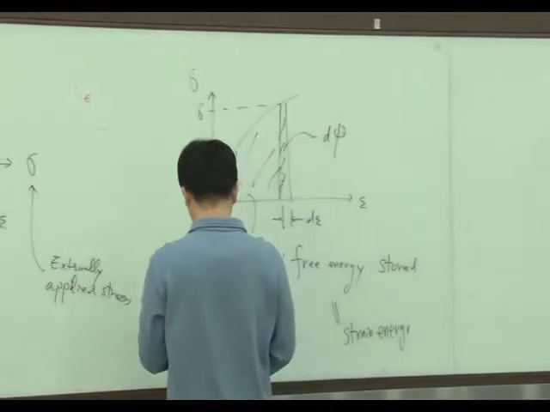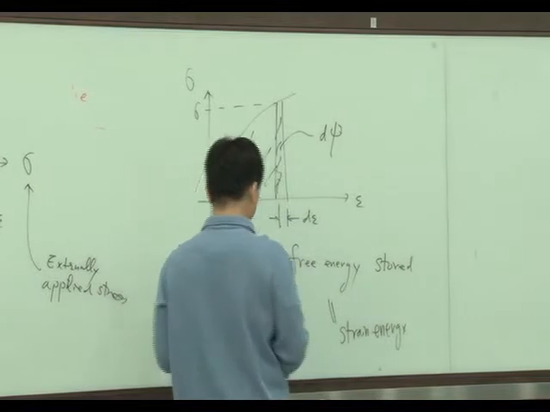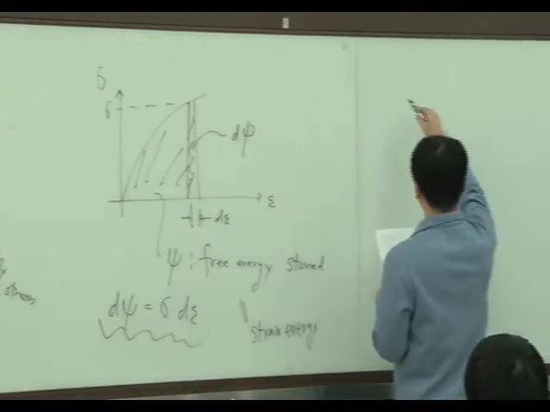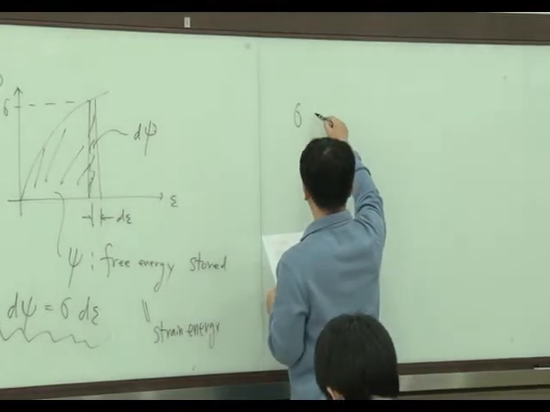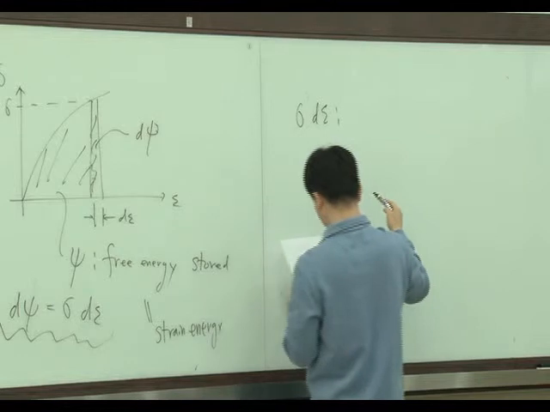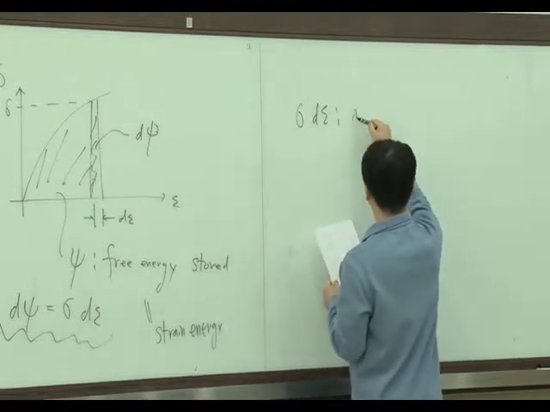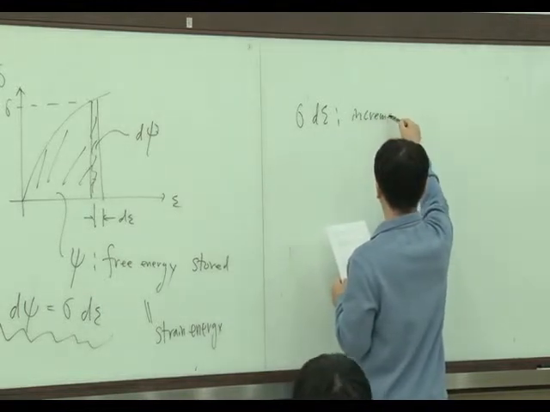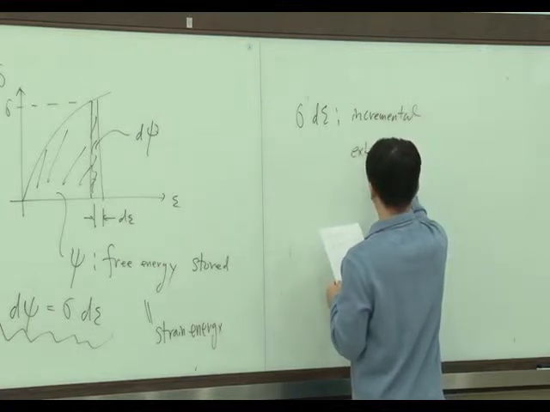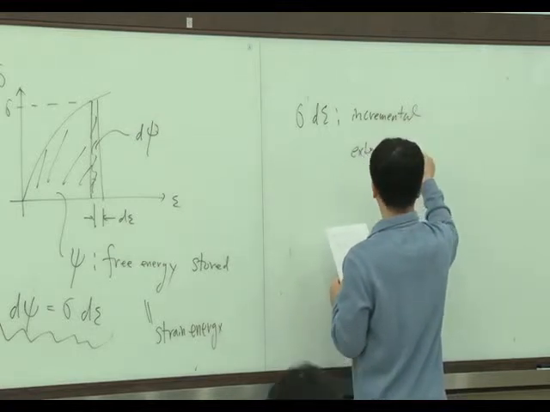And here, sigma d epsilon is the incremental external work.